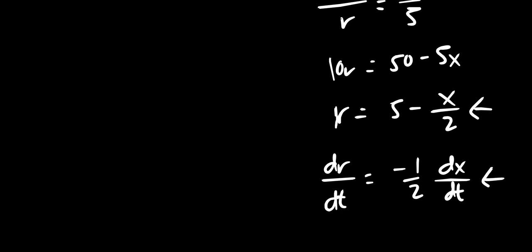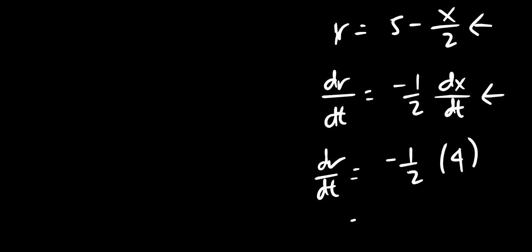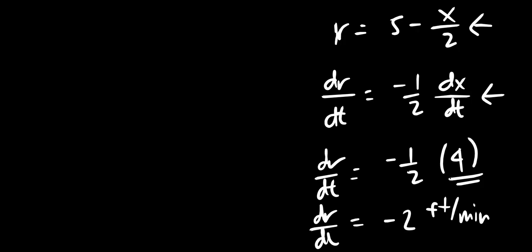But dx over dt is just equals to, can you remember? It is just equals to 4. So negative 1/2 multiplied by 4 feet per minute, we have negative 2 feet per minute. The 4 here is given in the problem. So this is dr over dt.